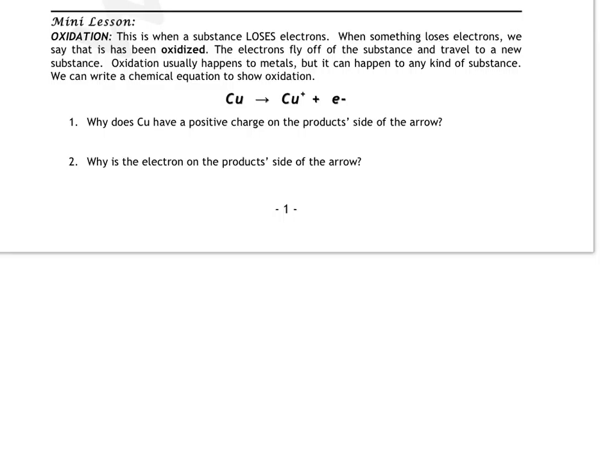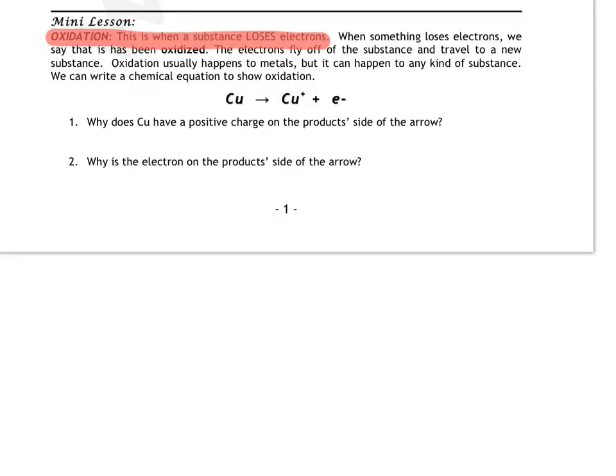Alright, our mini lesson. So first of all, let's talk oxidation. Oxidation is when a substance loses electrons. That's probably the most important thing to remember about oxidation. But there are effects after that. Like for instance, when a substance loses electrons, we know that the electrons are leaving the substance and they're going somewhere else.